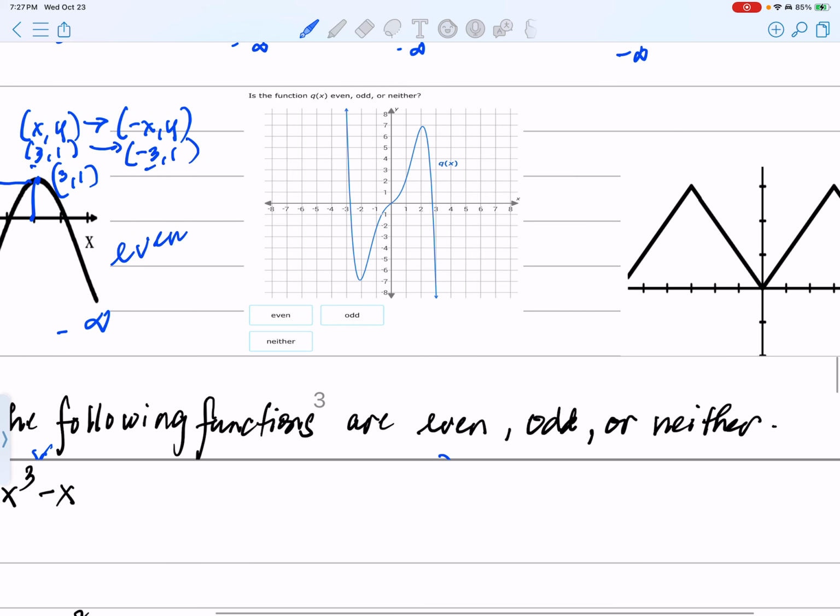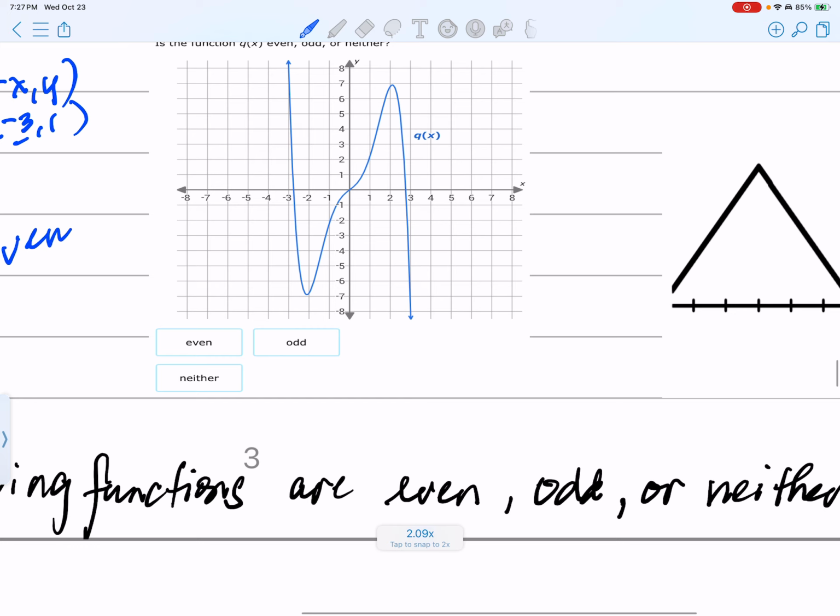Let's do this. Opposite. One goes up, one is down. So it must be across the origin, (0, 0). And let's do (x, y) maps to (-x, -y).